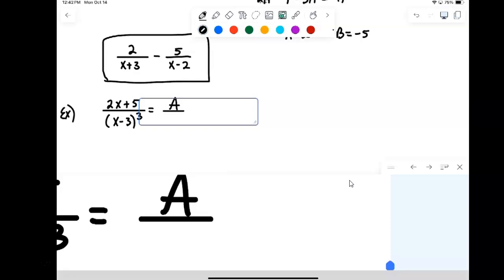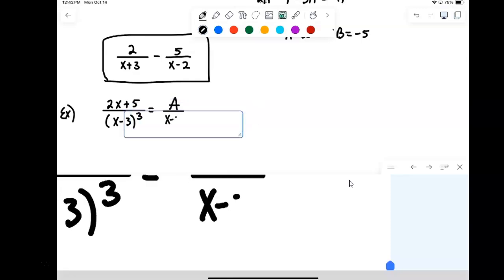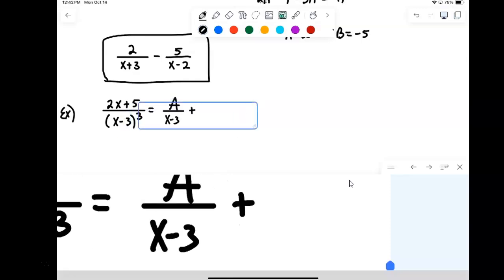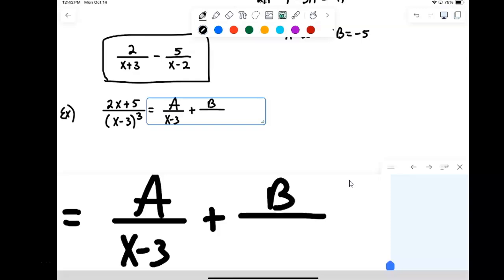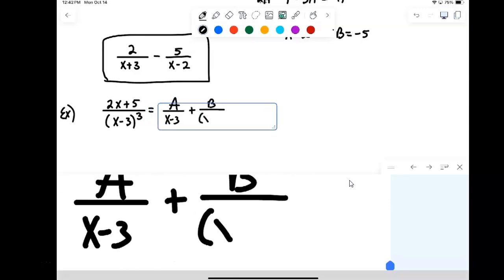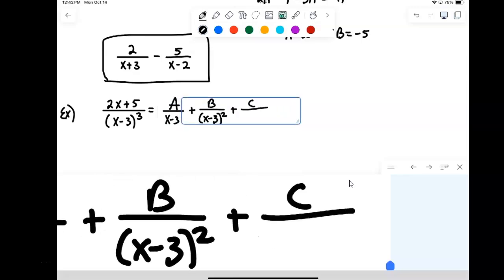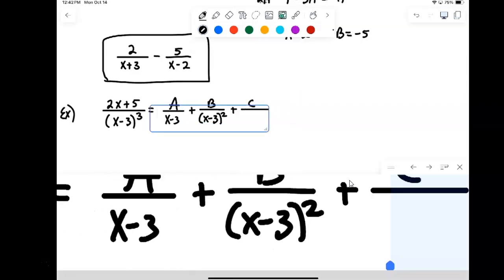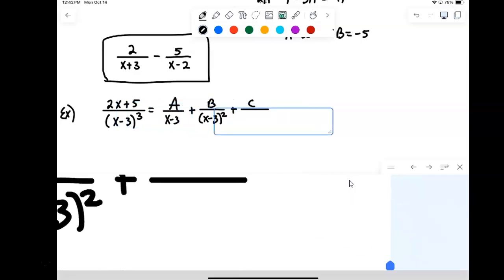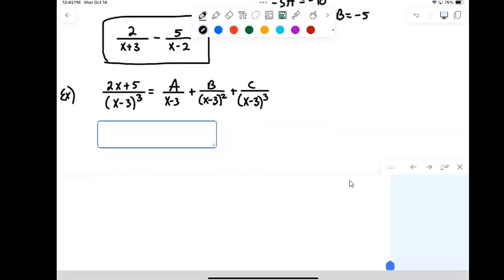A over (x − 3), plus B over (x − 3) squared, plus C over (x − 3) to the third. Okay.